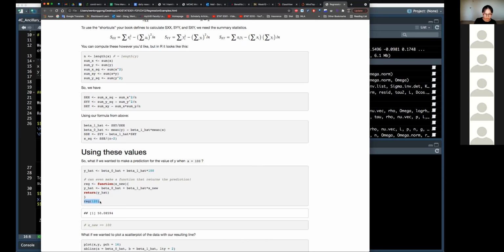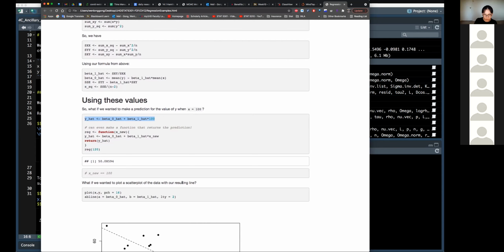So this is how you use it. If x equals 120, you can always just simply plug it in, x, beta 1 hat, beta 0 hat, and you get your y hat.